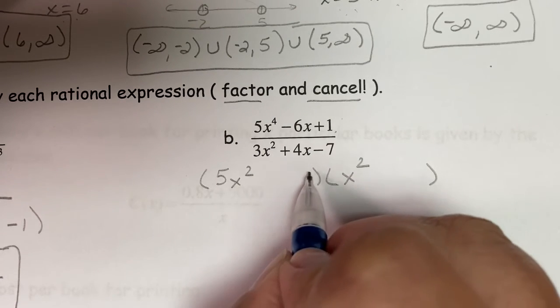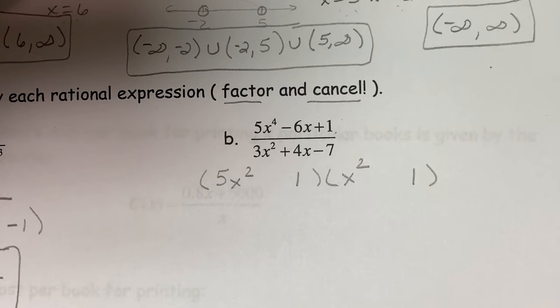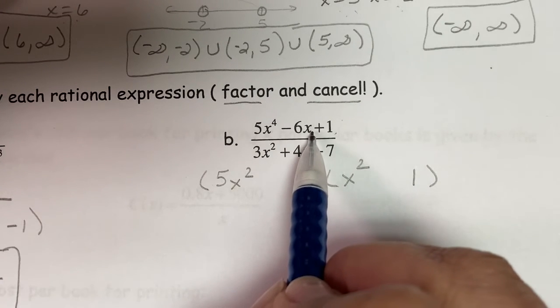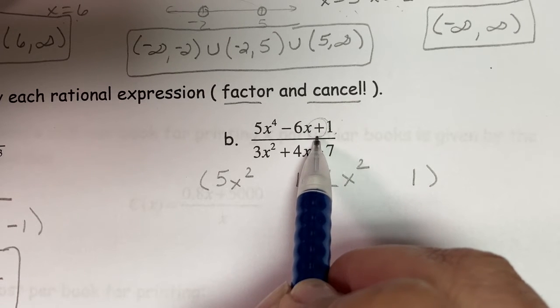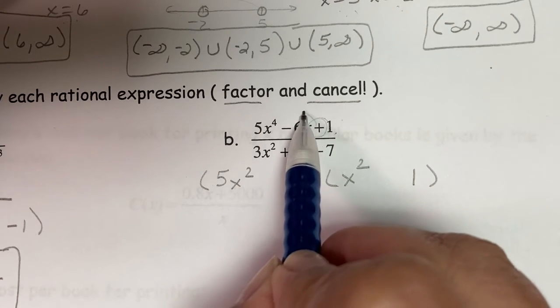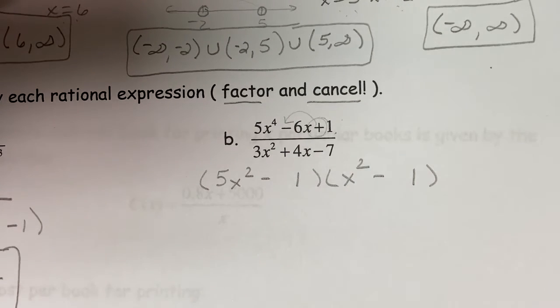Well, my 1 can simply factor into 1 times 1. Do you remember your rules for your signs? The rule is if the last sign is positive, it means both of the signs are the same. They're whatever the first sign is. So both of those would be negative.